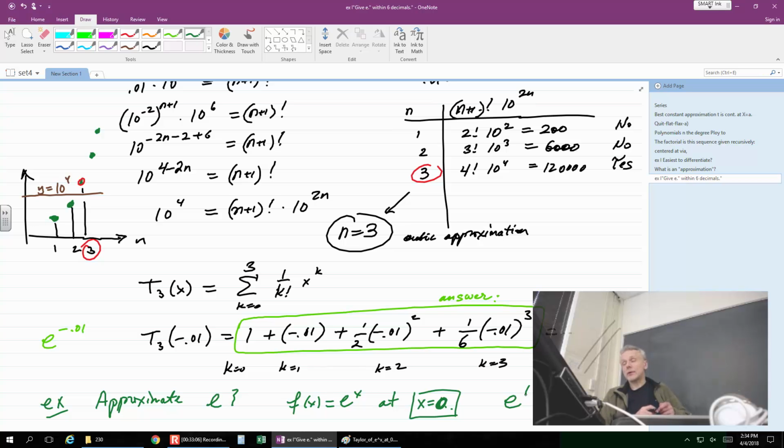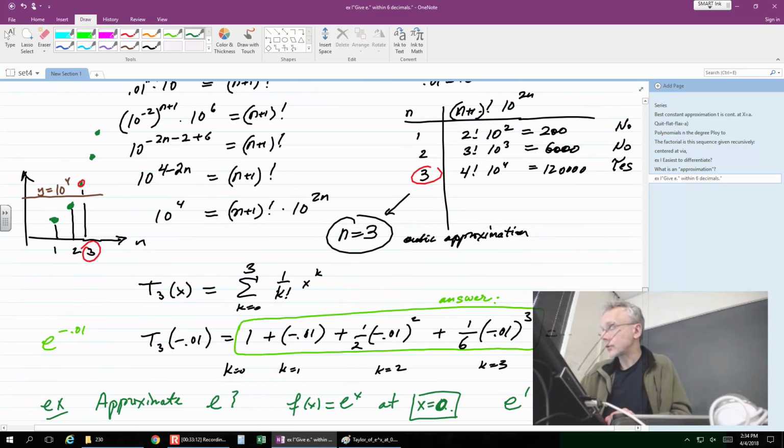That certainly requires extra work, even though otherwise the work is exactly the same. Once again, I'm trying to find out what e to the 1 is based on nothing but the value of the function at 0.